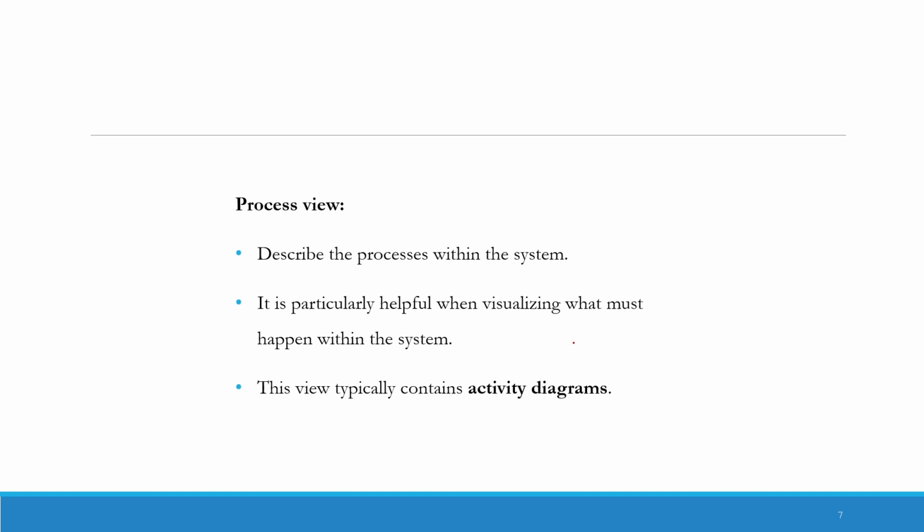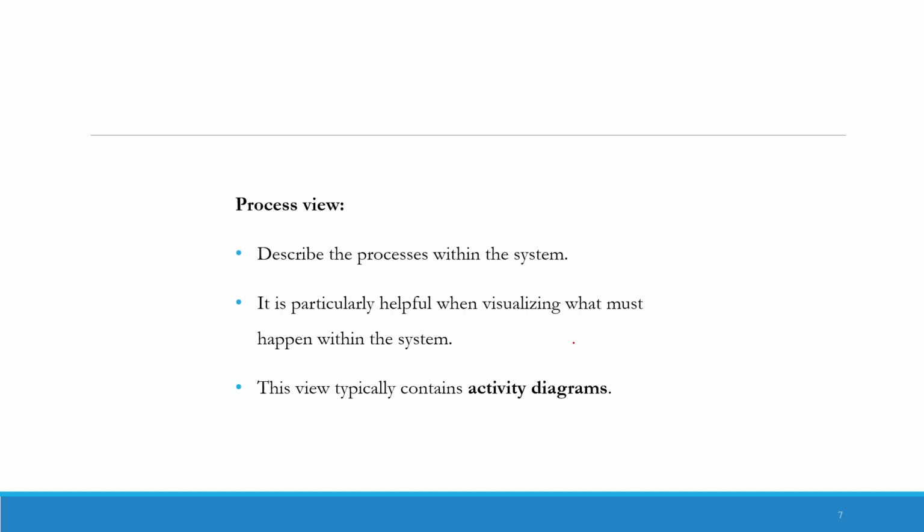The second view is the process view. In a system, there are different processes: the flow of computational steps, the flow of processes, activities. Every developer must understand what the system's processes are.